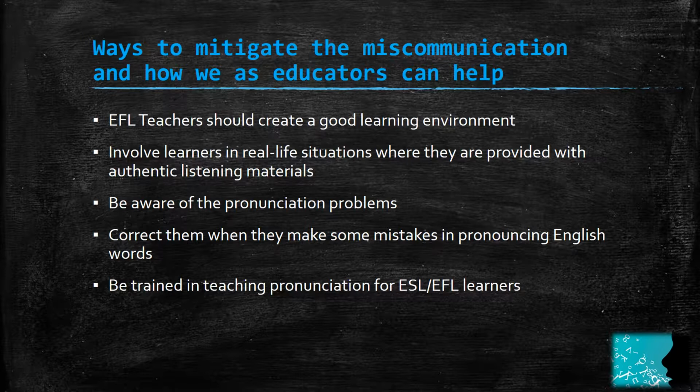This would have the students be involved in real life situations where they are given authentic listening materials. This way they can learn native-like pronunciation by imitating real life. And they can also learn how to use their gestures and body language to communicate in a natural way.